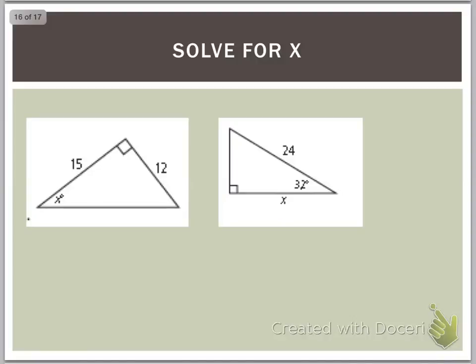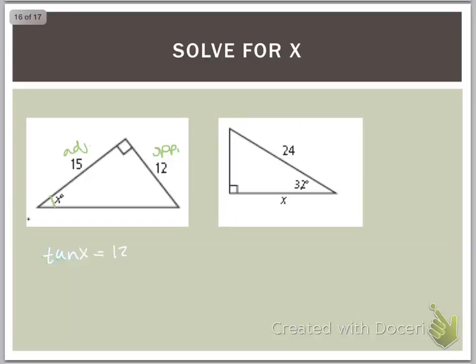Okay, this one, we're coming from this. I have my opposite and my adjacent. So in my SOHCAHTOA, that's tangent. This time I don't have the angle. Let's change colors here. So I'm going to put tangent of what represents my angle, so x.